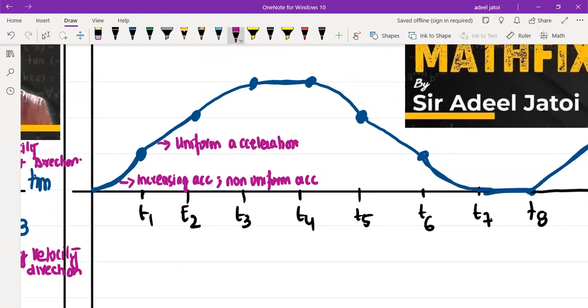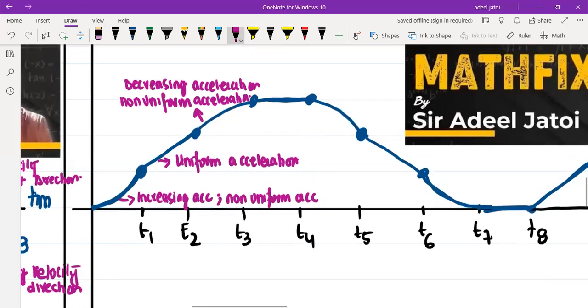Then we have decreasing acceleration, non-uniform acceleration.